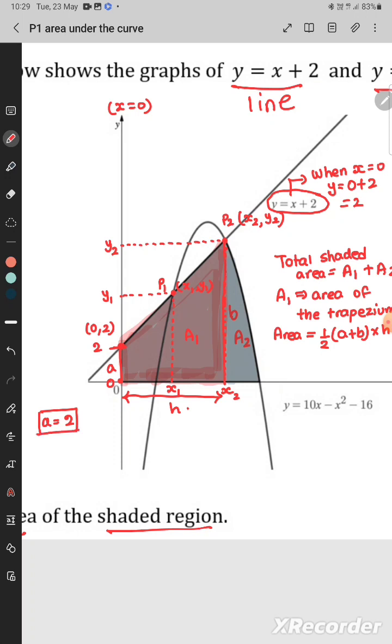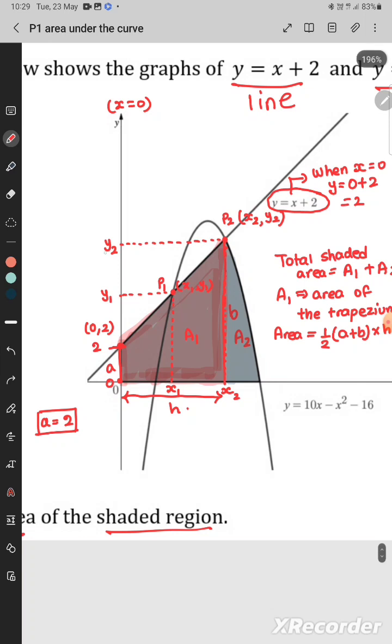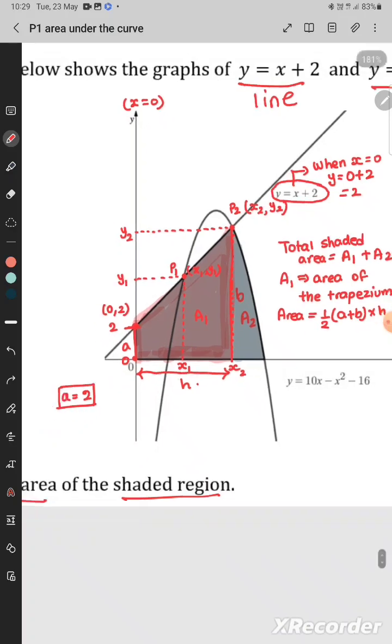Next, we need to find the value of B. And B is basically y2 minus 0. This is y2 minus 0, which is simply y2. So we need to find the y coordinate of P2, because y2 is the y coordinate of P2. And what is P2?